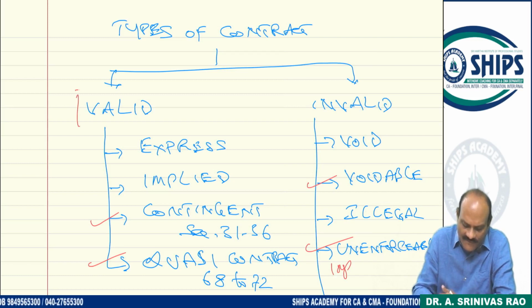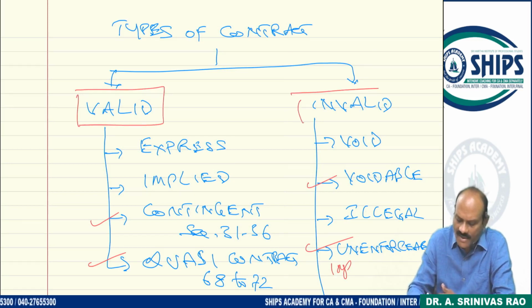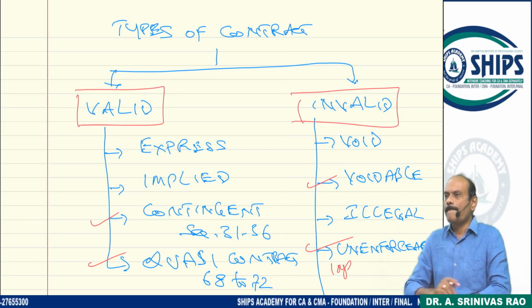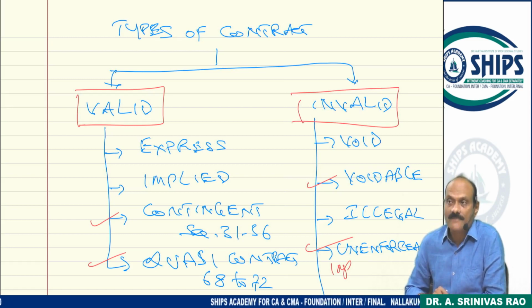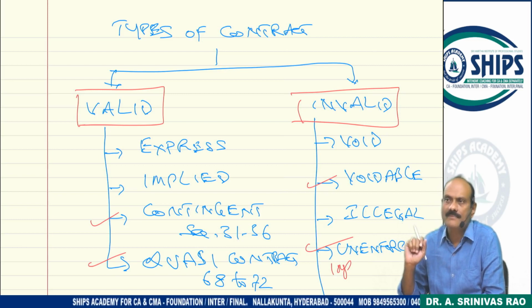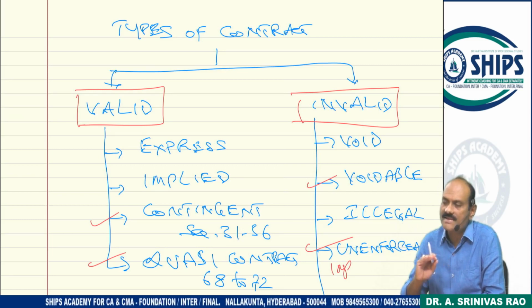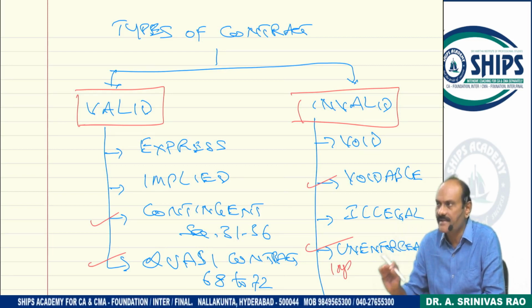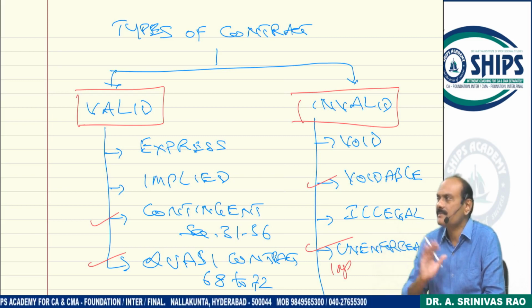Okay guys, first of all, what is a valid contract? What is an invalid contract? A valid contract is one which is enforceable in the court of law. For that, what is the basic requirement? According to section 10 of the Indian Contract Act, if all essential elements are satisfied, it is called valid.